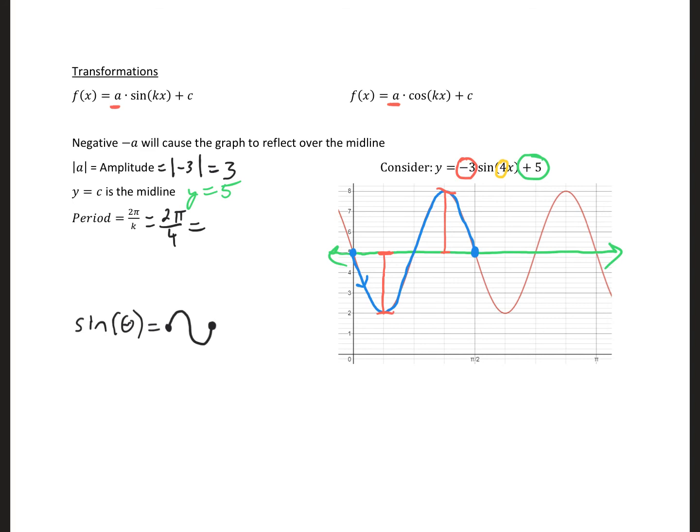So 2 pi over 4, we can divide both those by 2. That'll actually reduce to pi over 2. So the period should be pi over 2. Notice that in our case, here is the period, which is pi over 2.